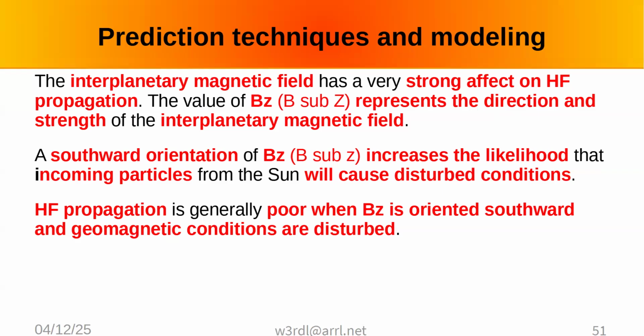So when it's going south, that means, I guess, it's following the flux lines of the magnetic field of the Earth, but it's going to disrupt the conditions more than when it's going north. Is it different from the northern hemisphere to the southern hemisphere? I don't know. The flux lines of magnetic field would be going in the same direction in the southern hemisphere, so I don't know.